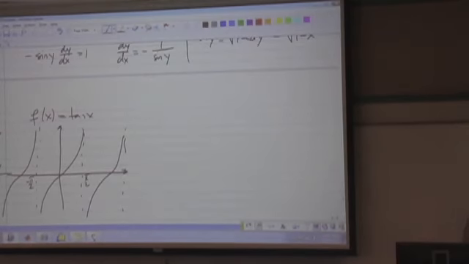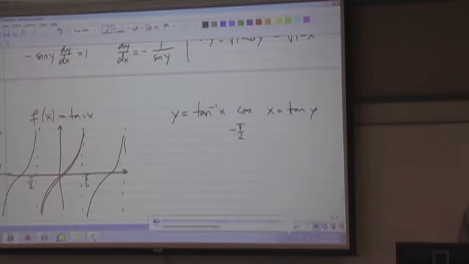We'll just focus on that particular piece. And so y equals tangent inverse of x is equivalent to x equals tangent of y, where y lives between minus pi over 2 and pi over 2 without actually being equal.